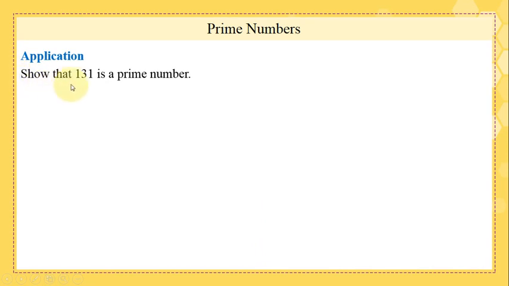Application: show that 131 is a prime number. Pause this video to solve this application. Solution: 131 divided by 2 gives me a decimal quotient whose natural part is 65, which is greater than 2. Continue dividing 131 by 3, which gives me a decimal quotient whose natural part is 43, which is bigger than 3.